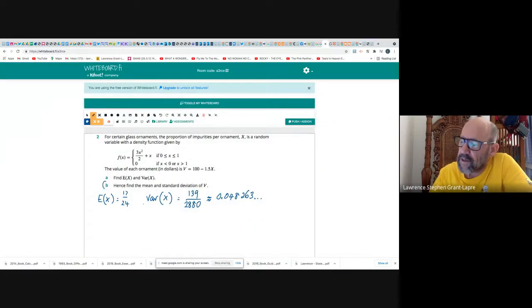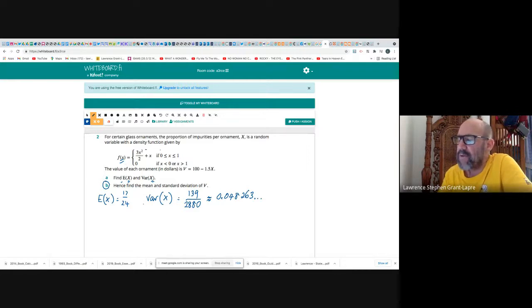I'm going to look at the second part of this question. We've previously been asked to find the expected value of x and the variance of x based on a probability density function f of x. This question then says the value of each ornament in dollars. Now, these are certain glass ornaments. The proportion of impurities per ornament is a random variable.